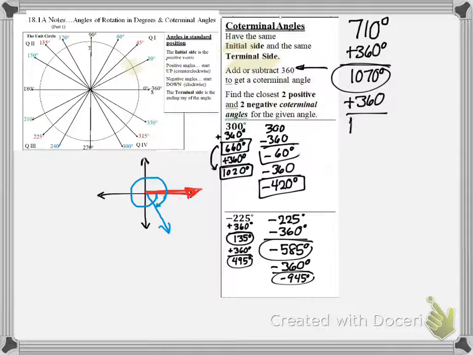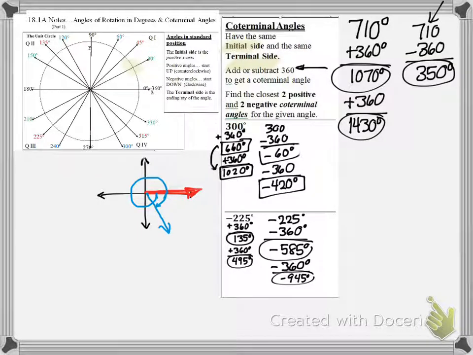Gives me 1430. If I wanted some negatives, I could go 710 minus 360 degrees. But I was aiming for negatives and I got a positive. That happened because my starting angle that they gave me was not one between 0 and 360.